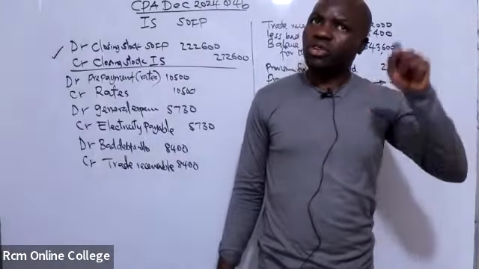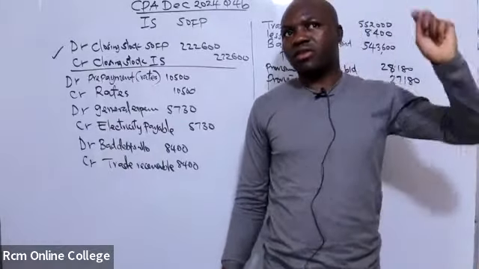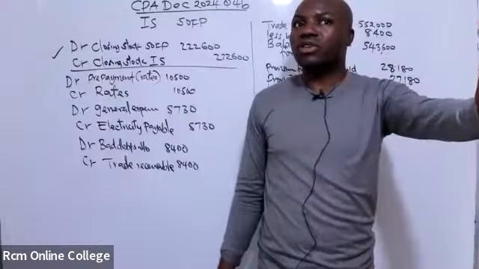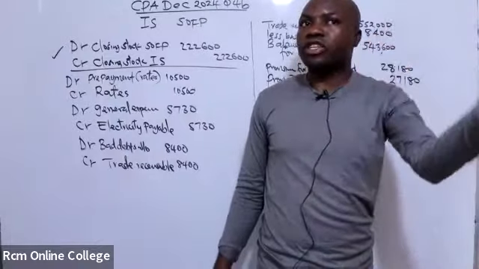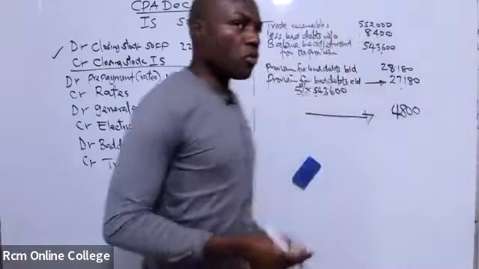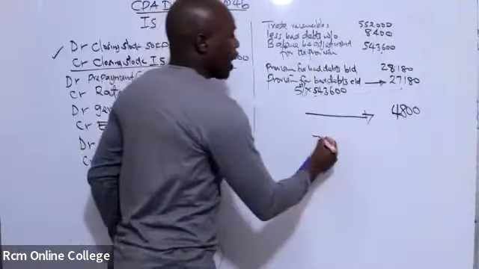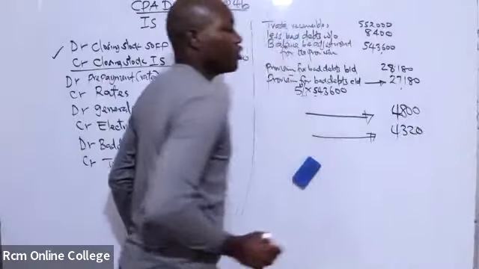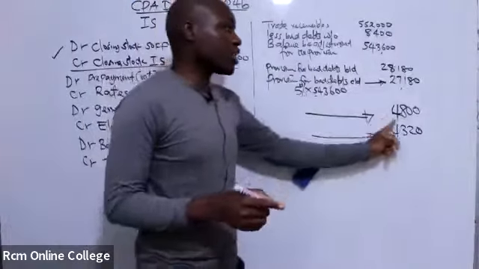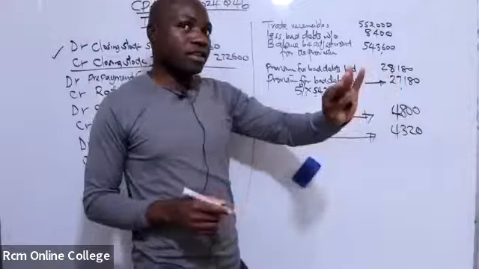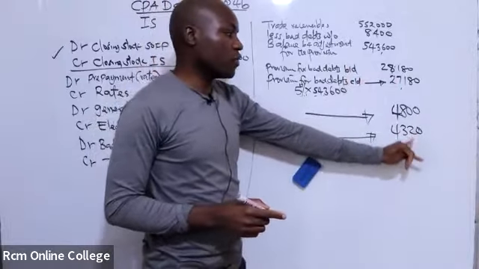Then, when you go to RCM the first day of the semester, they tell you, we will have a 10% discount. You pay in full, you enjoy 10% discount. So you said, yes, I only need financial accounting. When you got the discount, you were actually charged 4,320. Initially, you put aside 4,800 to study your FA. When you came to RCM, you were given a discount, so you actually paid 4,320.